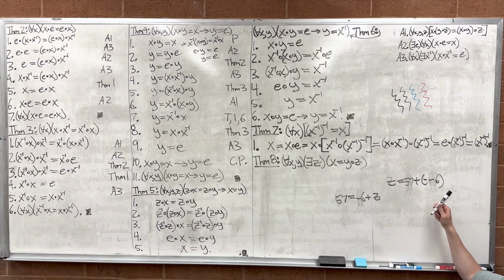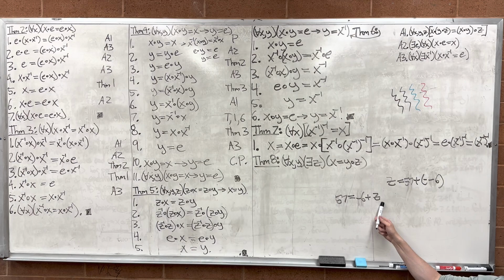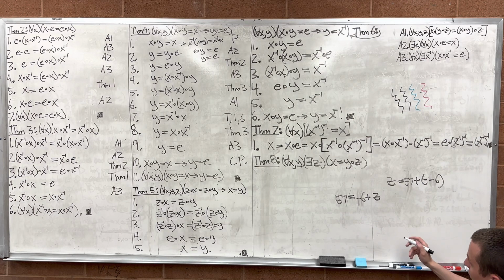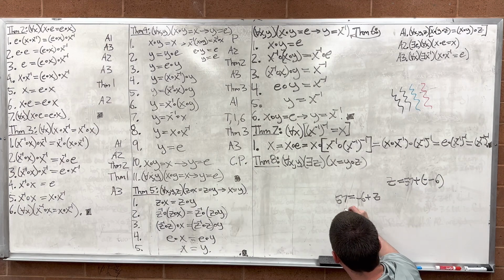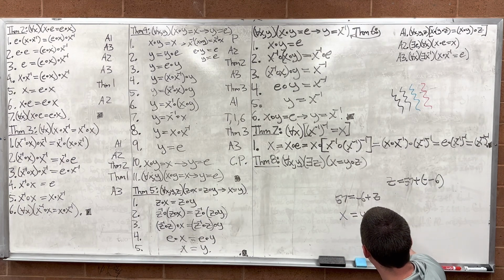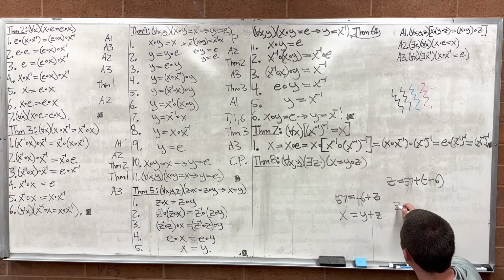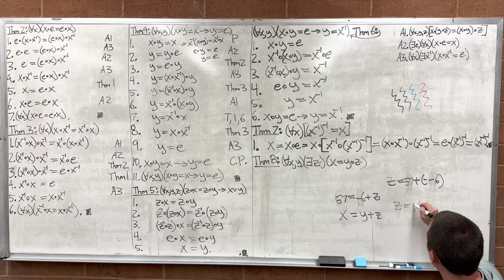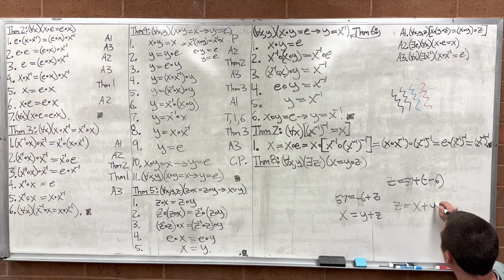Well, negative 6 is just 6. 6 plus 57 gives us 63. 63 minus 6 gives us 57. Yep, it works. And so in general, what are we doing? We're saying that if this is x and this is y plus z, we're saying z in general is equal to x plus y's additive inverse.